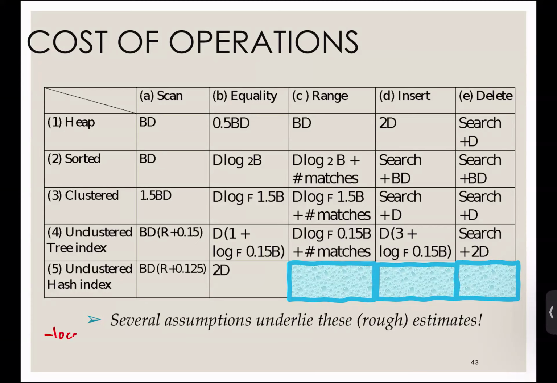First, you have to locate the bucket of the data entry. To locate, it takes one constant time, because that's what the hash function is for. And then we fetch, or read, the page.